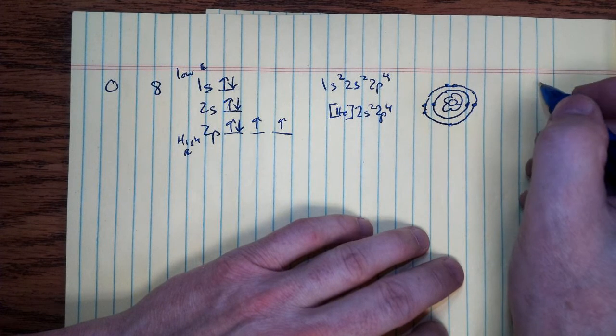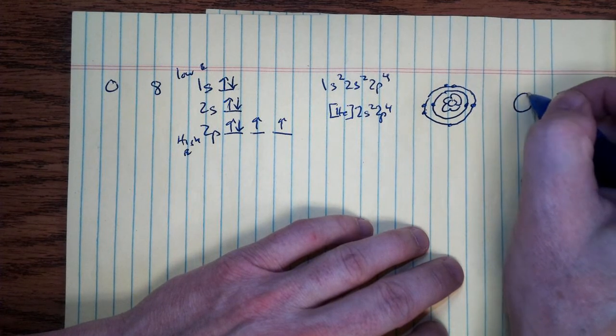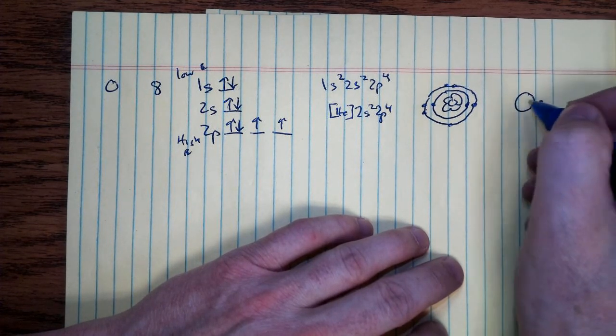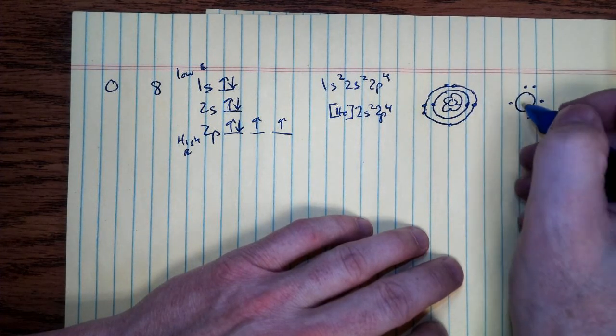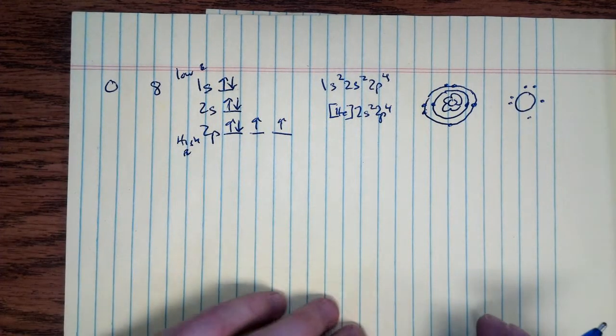And then we're going to write our dot diagram, the big O, and put our valence electrons, like that.